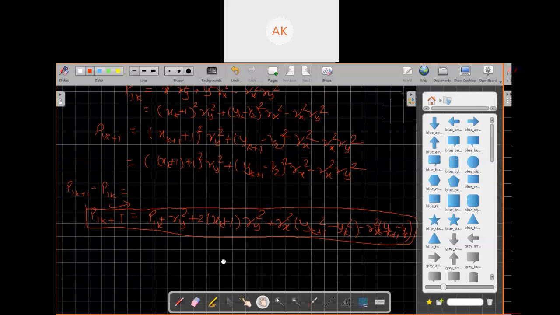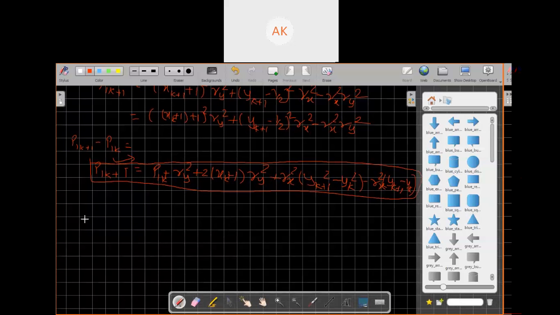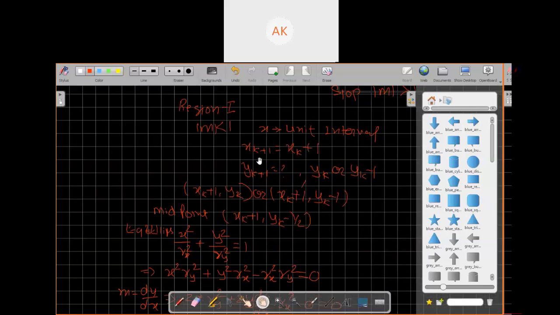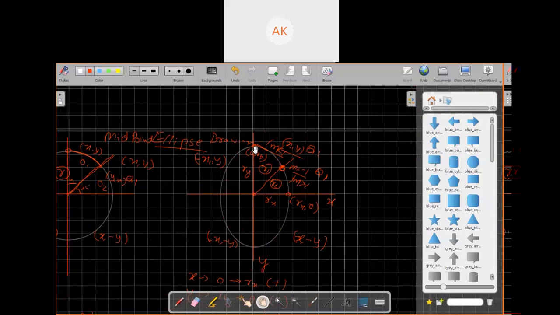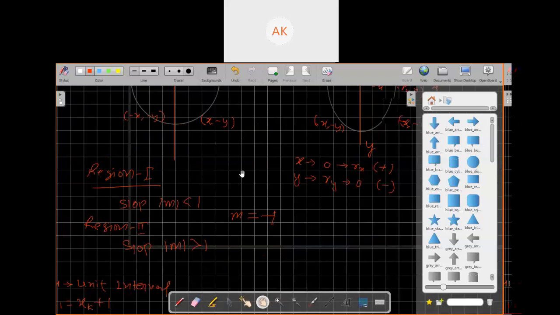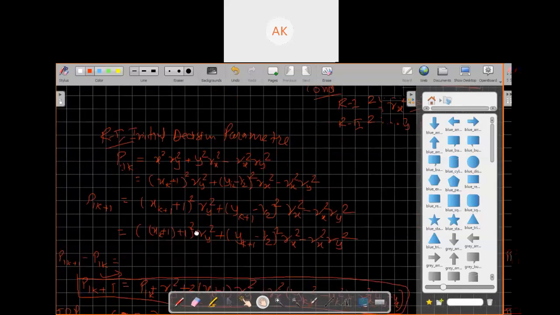Now find the initial decision parameter, p1 0. What is the value of the initial decision parameter? As you can see, I write this value here. At the initial point, x is 0 and y is ry. As you can see in this ellipse, this is your initial point, where x is 0 and y is ry, the radius of the ellipse along the y axis. So put this value in the initial decision parameter equation.